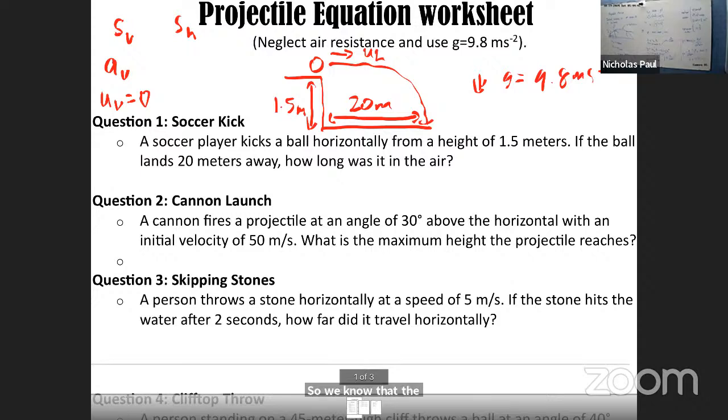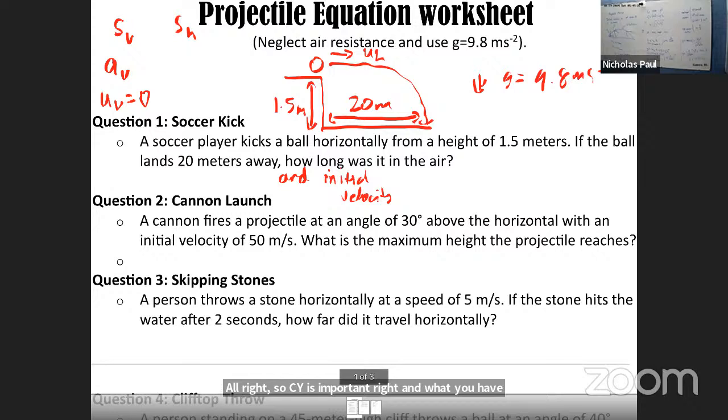That's okay? So you want to get time, and I forgot to ask for the initial velocity as well. How long was it in the air and the initial velocity. So I forgot to add that here. See why it's important to write down what you have, then you'll be able to narrow it down.